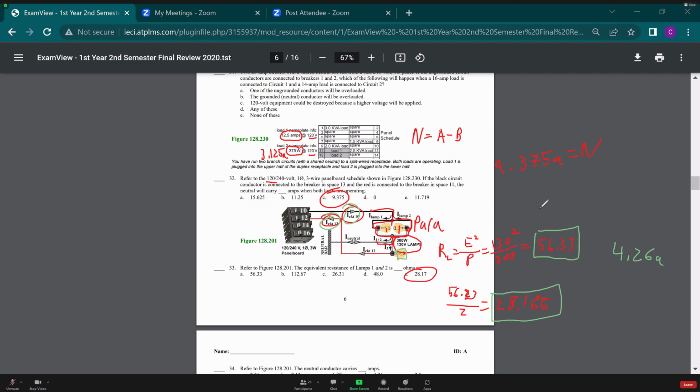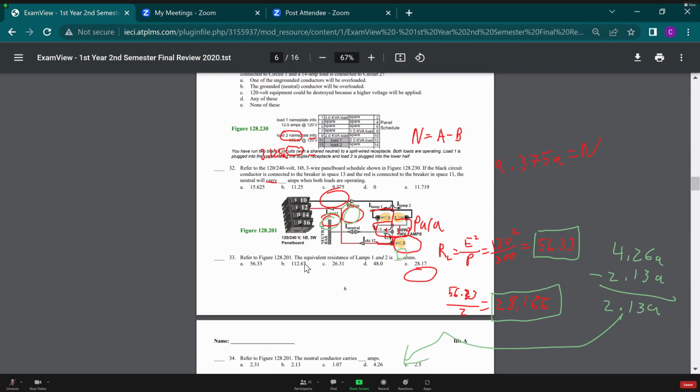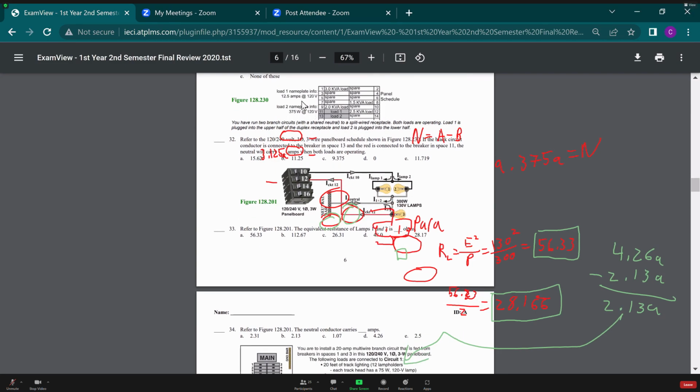And then if I do 120 divided by 56.33, this is going to give me 2.13 amps. Subtracting those out, I get 2.13 amps, and this is the answer for 34. B, right there.